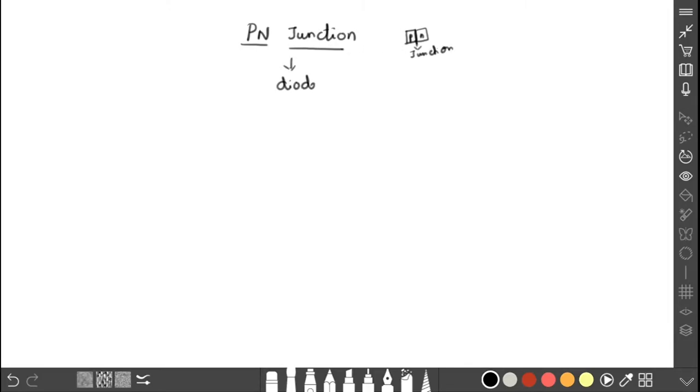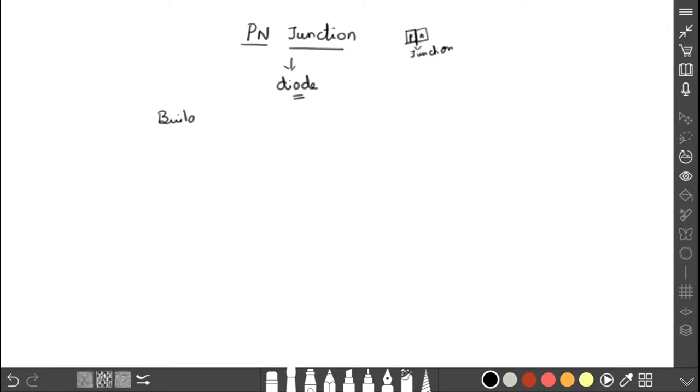What is meant by diode? Diode is nothing but a PN junction. This diode, or PN junction, is a fundamental building block.